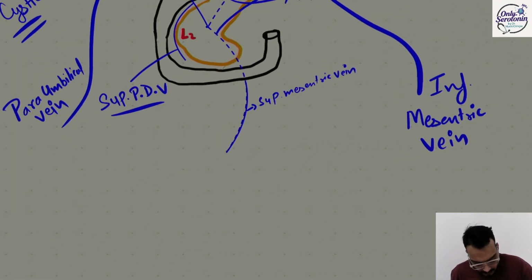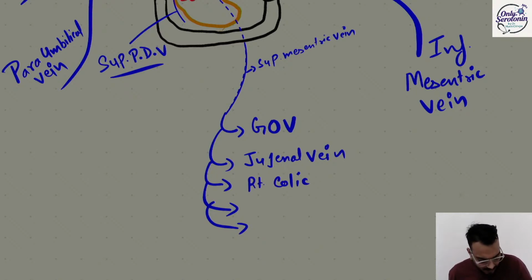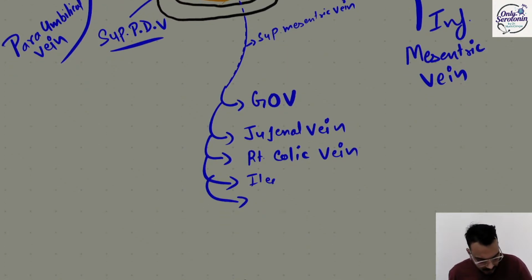What all veins are going to attach with my superior mesenteric vein? They are 5 in number. First of all, the gastroomental vein. Then I am having the jejunal vein, then the right colic vein, then the ileocolic vein and the middle colic vein.